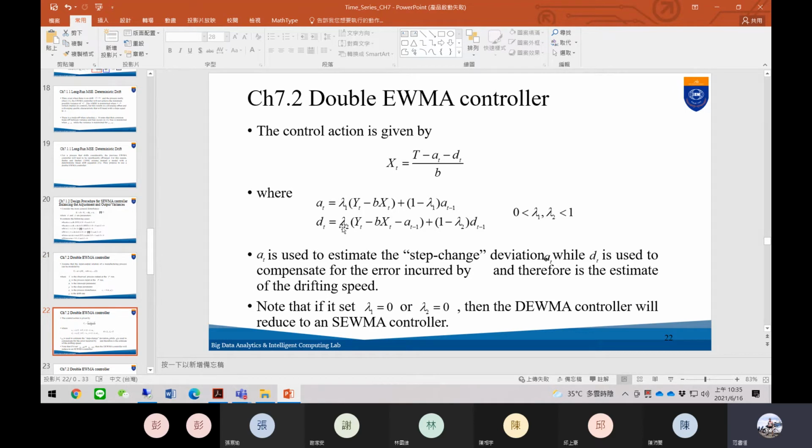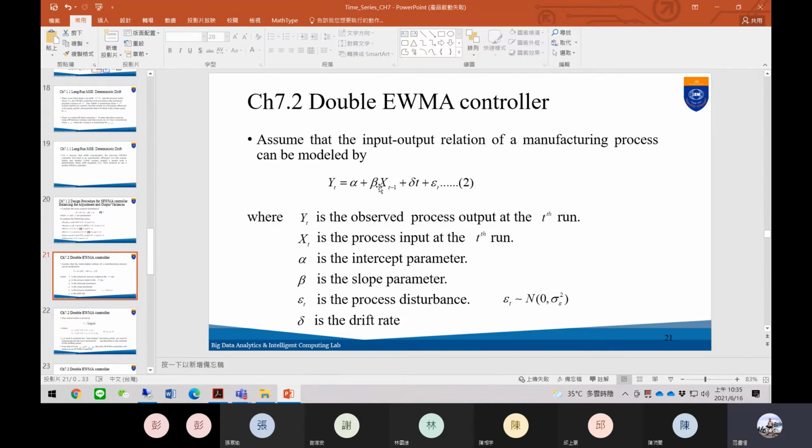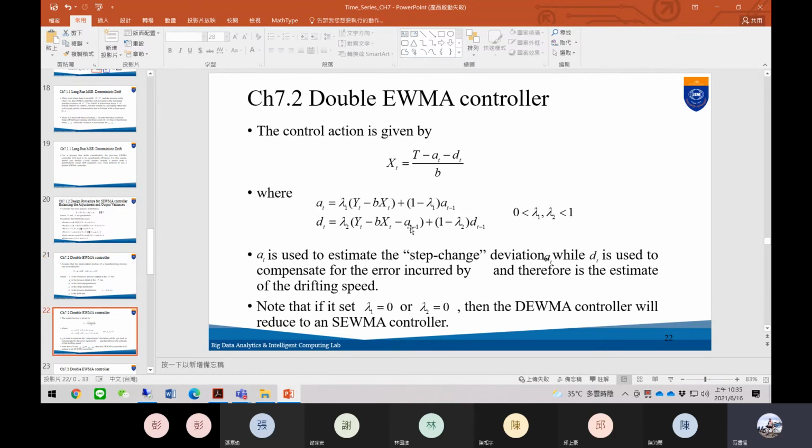In the second, with lambda, yt minus b xt is used to estimate alpha t, and yt minus alpha t minus delta t divided by b is used to estimate delta t.